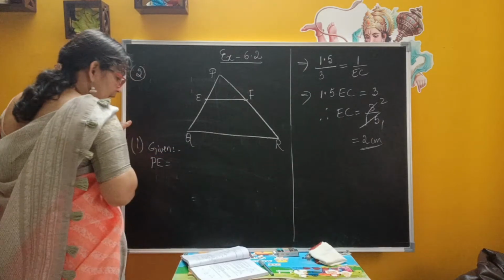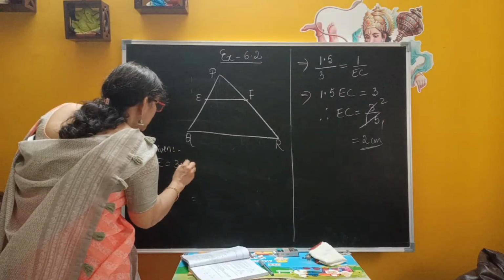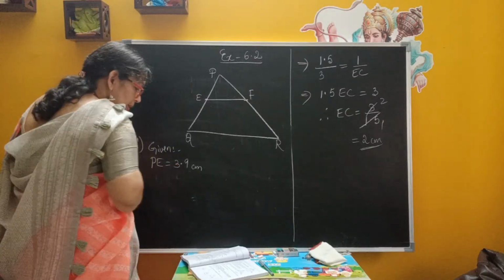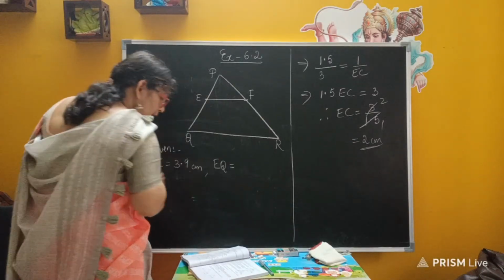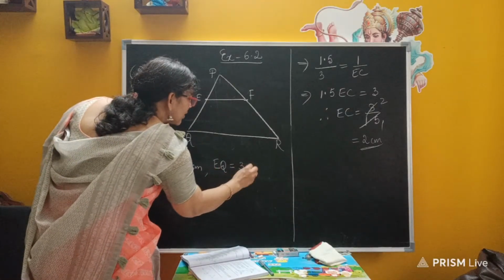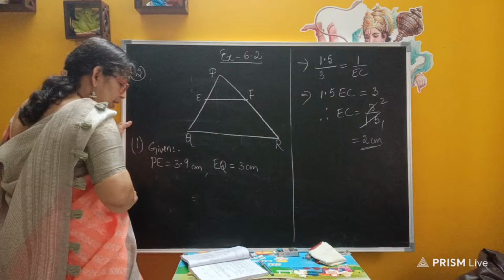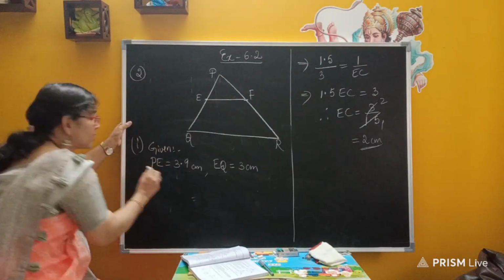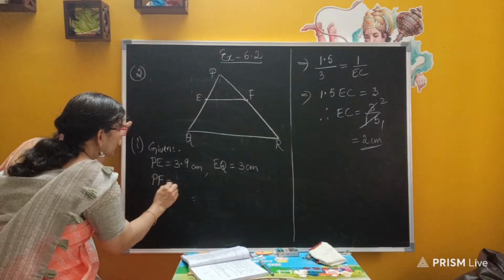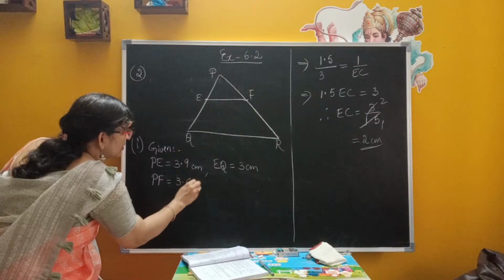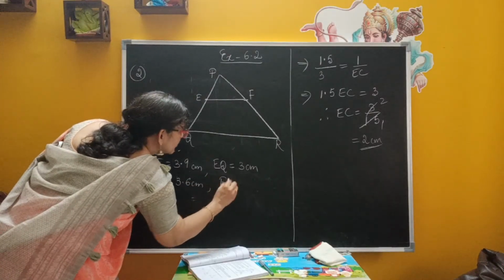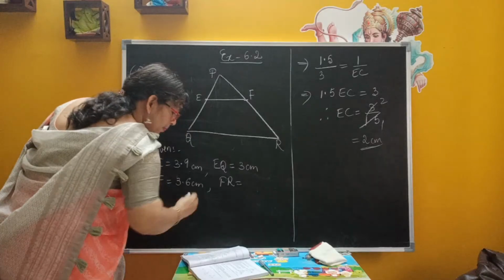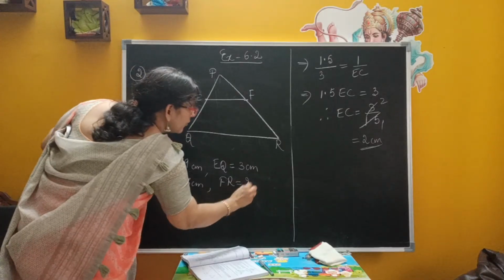PE is equal to 3.9 centimeter and EQ is 3 centimeter. Then PF is 3.6 centimeter and FR is 2.4 centimeter.